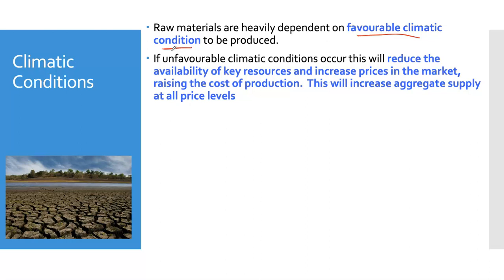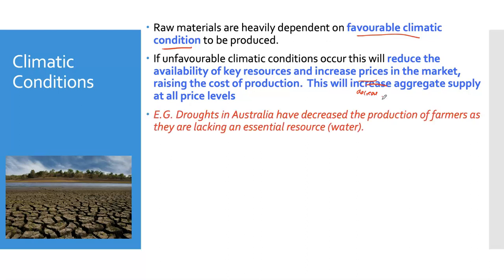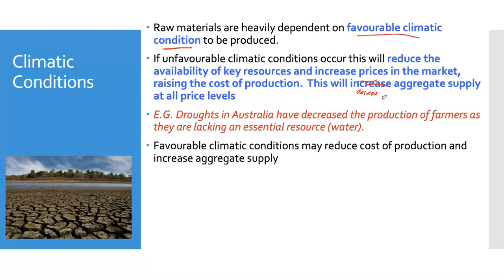And if we have scarcity, the price will go up. This will raise the cost of production for our suppliers, and this will decrease aggregate supply at all price levels. For example, the droughts in Australia, or floods at the moment, are unfavorable climatic conditions, and they're going to reduce the availability of natural resources.